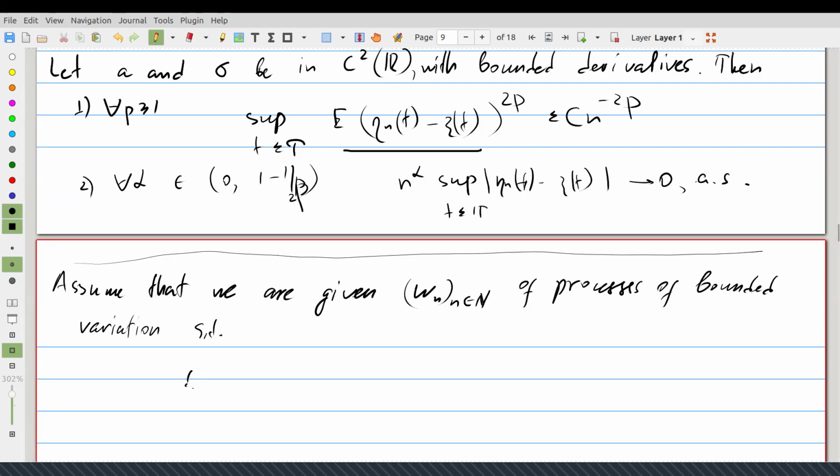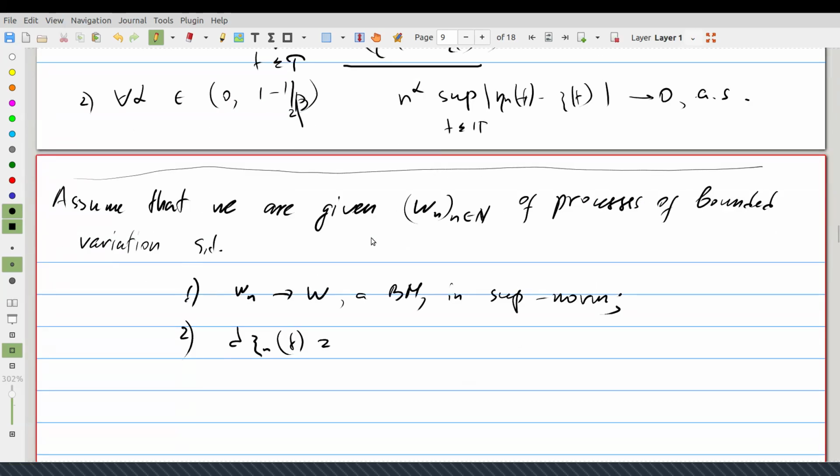And so effectively, we can have the situation where they converge to Brownian motion in, for instance, the sup norm. This is one of the ways to actually build a Brownian motion. And we can actually solve a kind of stochastic differential equation, but with respect to these processes.